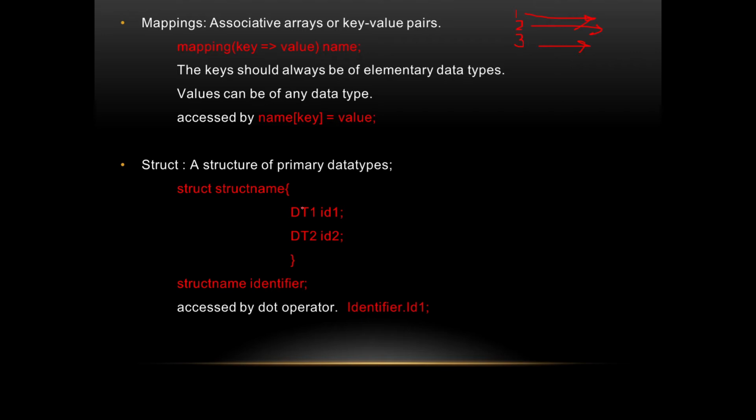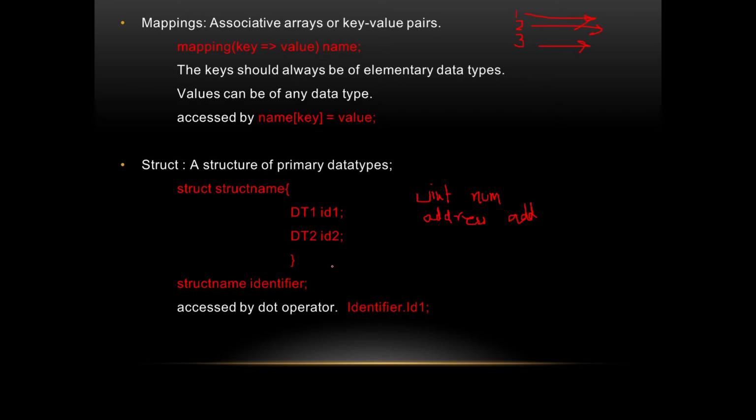Let's say uint, and then an identifier, let's say uint num. Next, the second data type, so you can say address, and the name of the address, let's say add. Then you close it. So this is the structure.